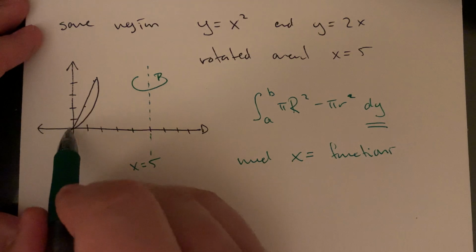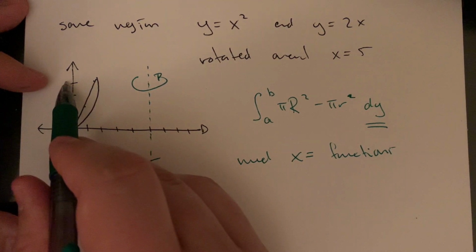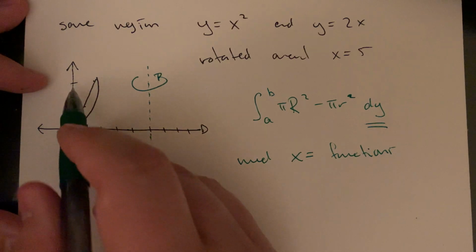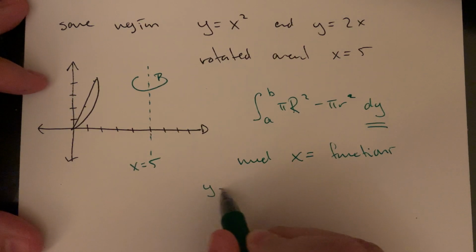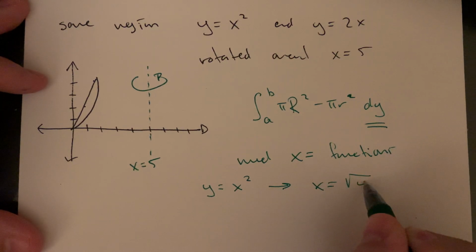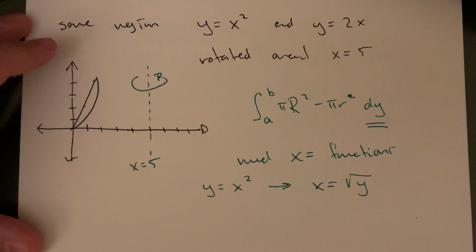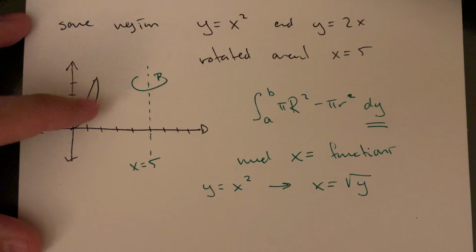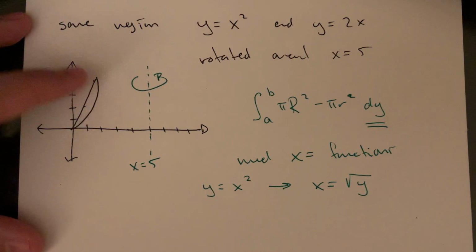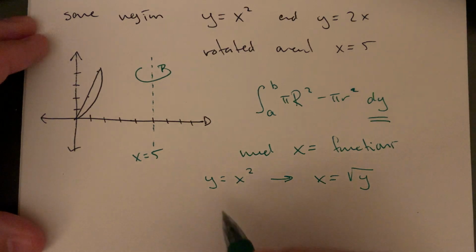My interval is going to run right along the y-axis from 0 to 4. My functions: if y is x squared, that would mean that x is the square root of y. This is just the regular x equals square root of y, not the negative version. This is still just in the first quadrant, so that syncs up and is fine.